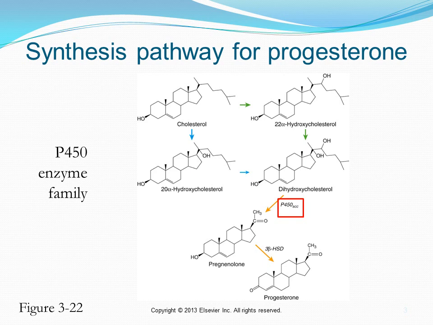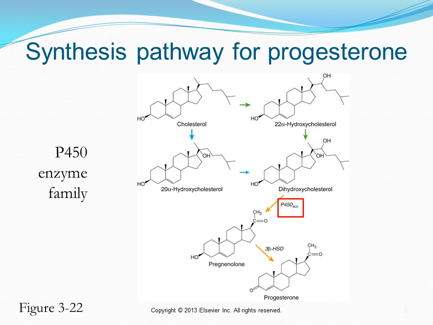So we're going to start looking at progesterone, and you're probably familiar with progesterone as it is important in the reproductive hormones, but it's also the precursor for all of these steroid hormones. As you can see here, cholesterol is the basis for these hormones to come from, and we lump them all together in what's called the P450 enzyme family.